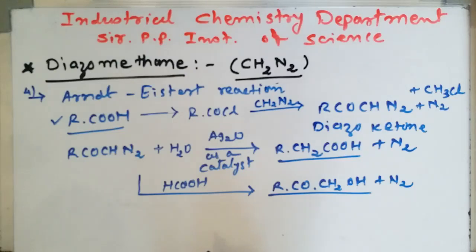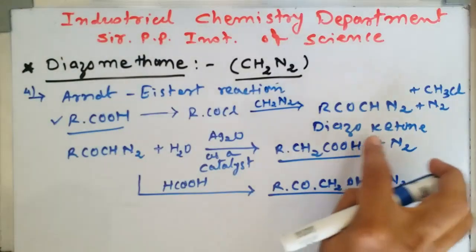For more importance of diazoketone, the intermediate diazoketone can be isolated and further converted into ester and amine. We have the intermediate compound diazoketone.